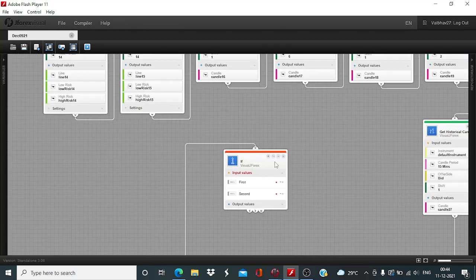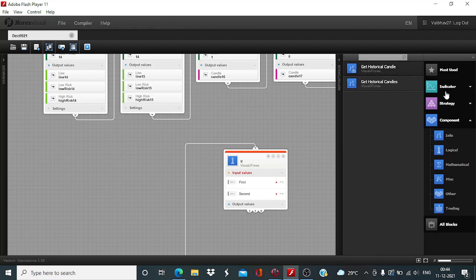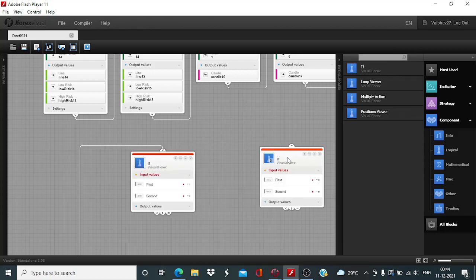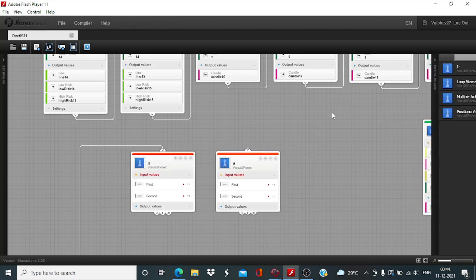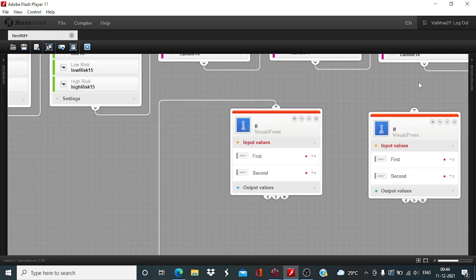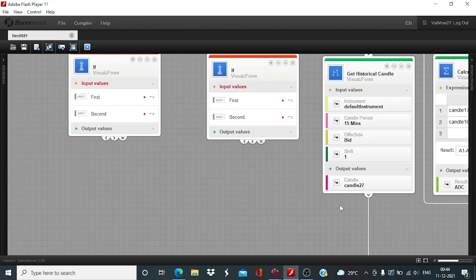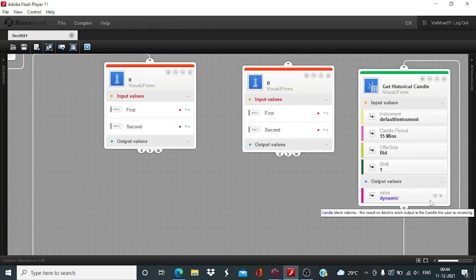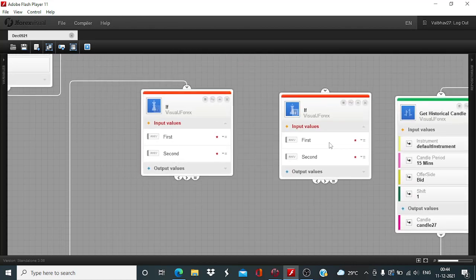We are going to need one more of the if-else block, logical, and after that we will need a trade command block. So we have to take the candle 27 candle close as the common input in both of these blocks.